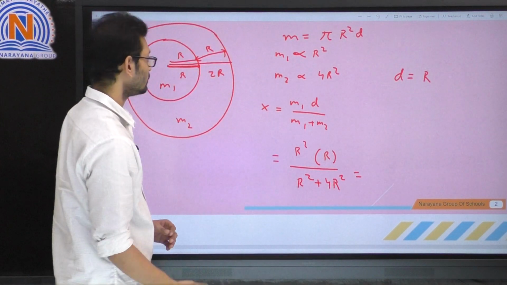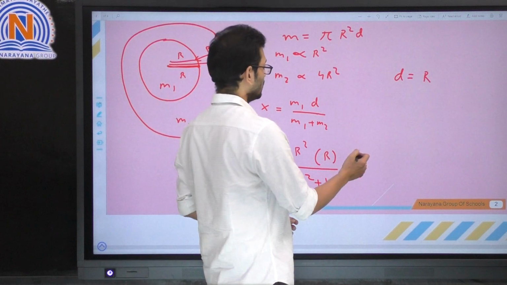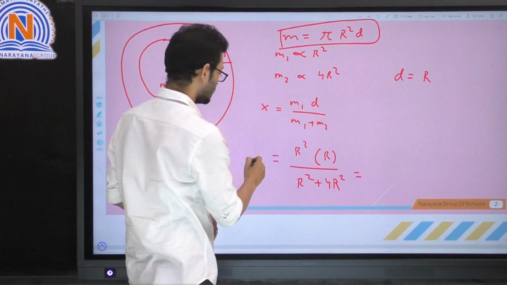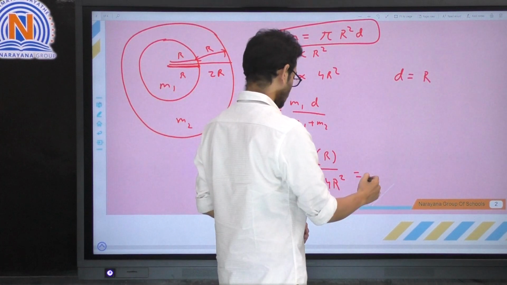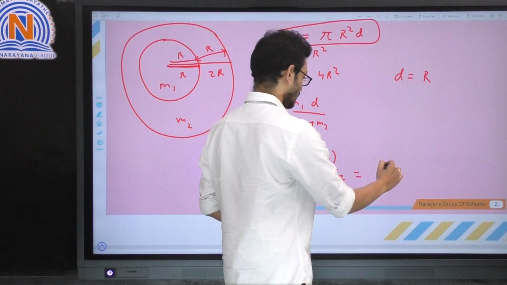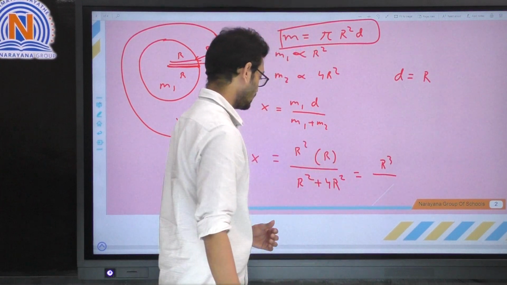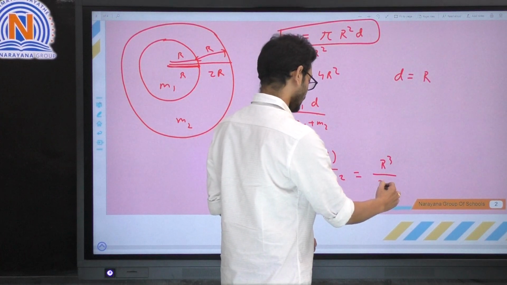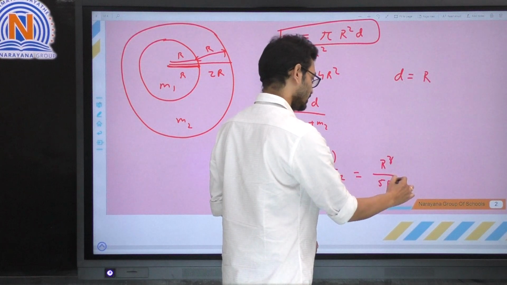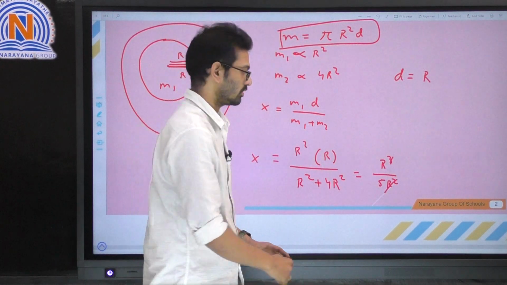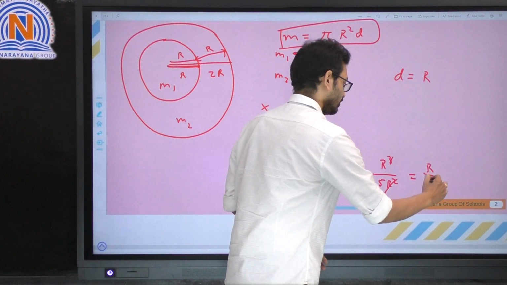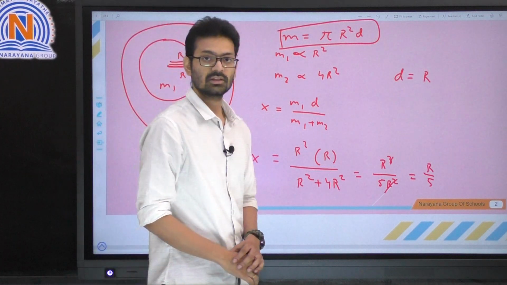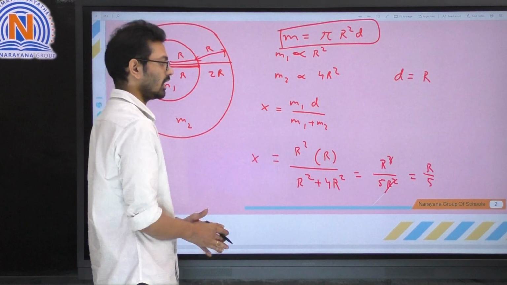So the x value is r cube by r square plus 4r square. r square plus 4r square is 5r square. Now r cube and r square get cancelled, and you will be left with r by 5 from the bigger disk.